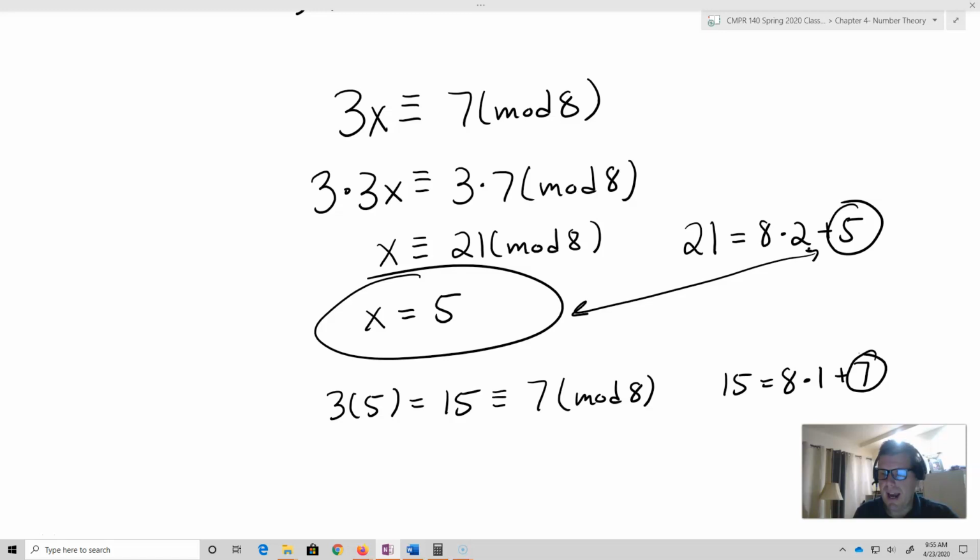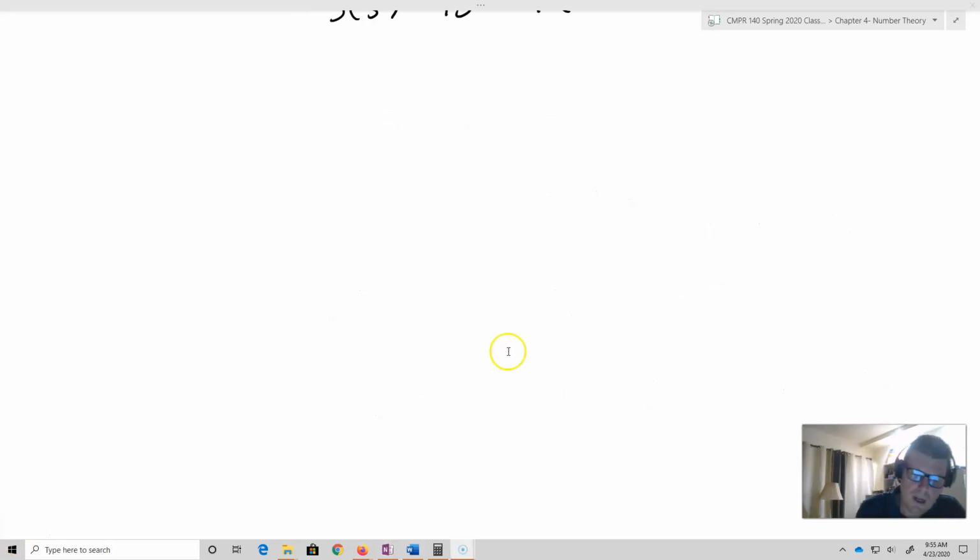Okay, so now I'm going to show you how we're going to use linear combinations in order to find an inverse. So I have a theorem.